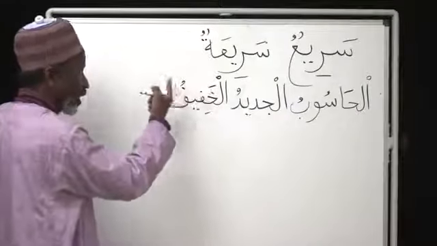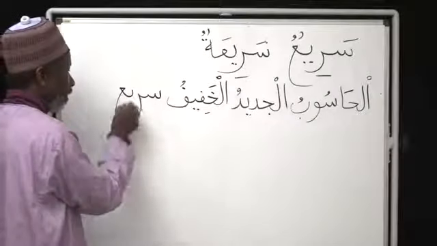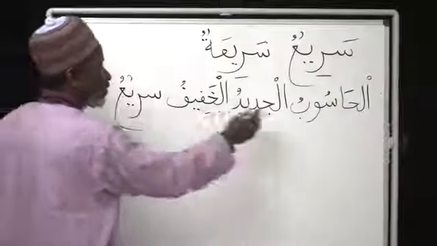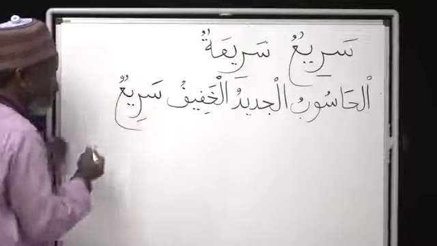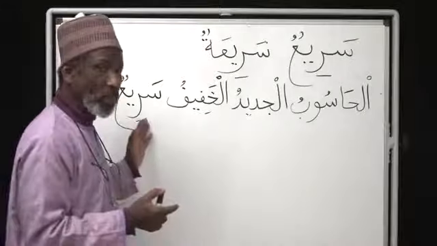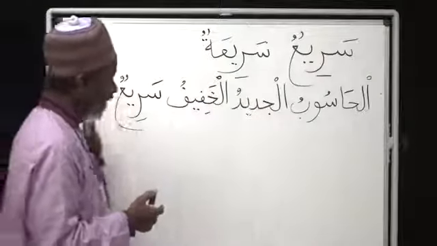Al-hasubu al-jadidu al-khafifu seri'un. Because we drop the L here, the "is" is automatically implied. Seri'un is fast. So that's the template. You maintain the gender.